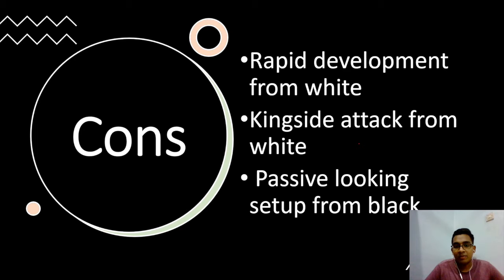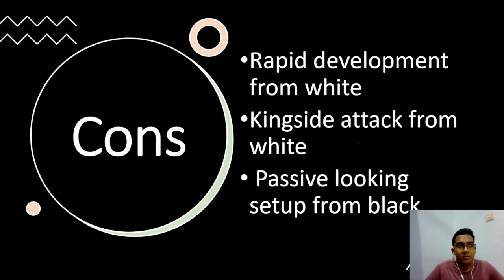The first one is that it causes rapid development from white, which then leads to the second disadvantage, which is a kingside attack from white.